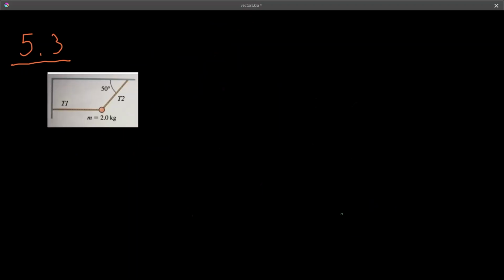Okay, so let's solve the following scenario. It wants T2 and T1, and you have that the mass is equal to 2 kilograms, and this object is not moving, it's held at rest. So what that means is, let's draw the components of the forces of T2, right? Because T2 has an angle, so it has components.